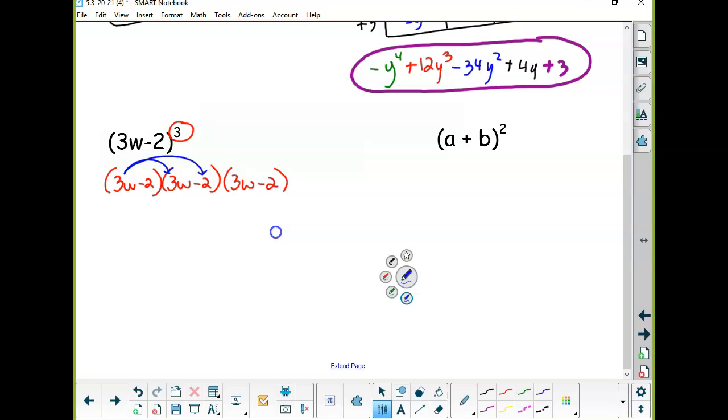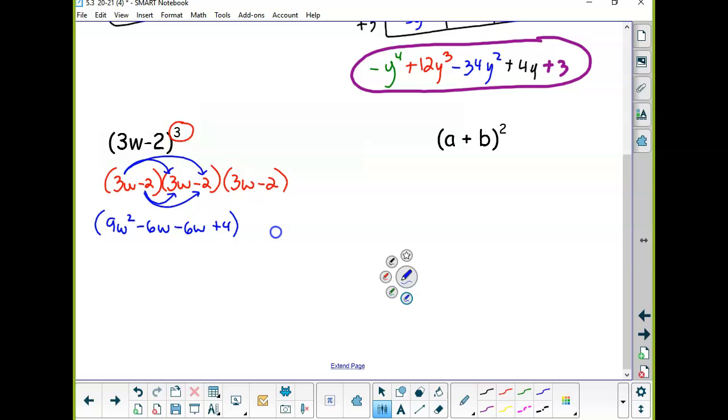3w times 3w is 9w squared. 3w times negative 2 is negative 6w. And then we're going to bring the negative 2 to the other 2 terms. So that'll give me another negative 6w and a plus 4.